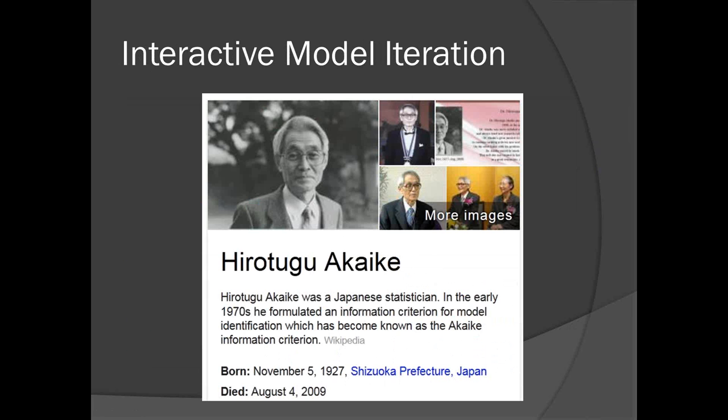And the method I'll use is a well-known method. It's been invented by Hirotugu Akaike. I'm sure I'm messing up the pronunciation, but it's based on the Akaike information criterion, and it's a method that tries to find the most likely model under the data with the least amount of parameters.